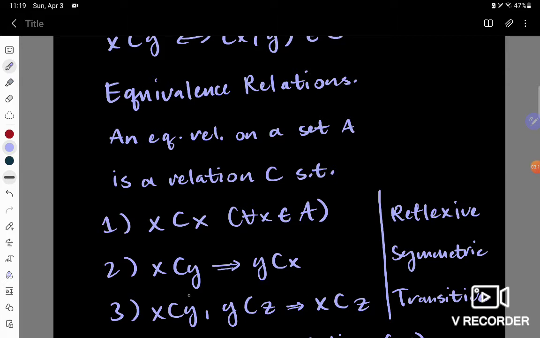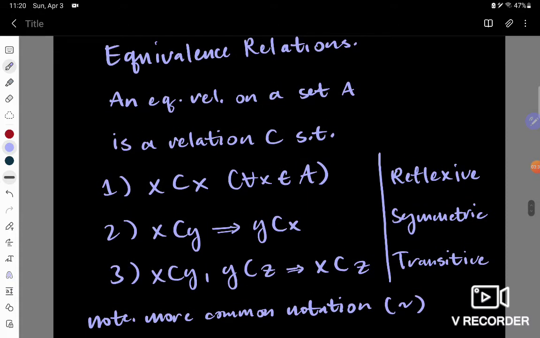So it filters through y, like y is a bridge between x and z, and it's enough to show that these are related. So these axioms, reflexive, symmetric, transitive, sometimes RST, alongside the property of being a relation, are enough to declare that C is an equivalence relation.